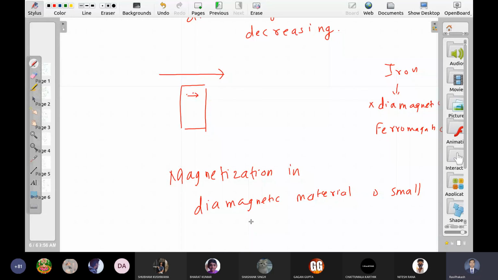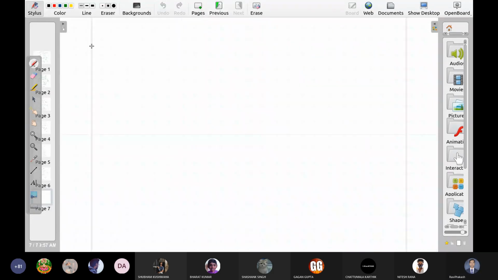How much is the change in magnetic moment? So M is equal to current into area, right? Current means electron moving divided by time taken, into area. How much time is it taking?